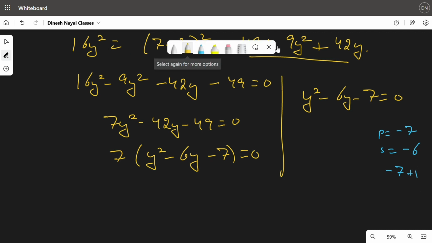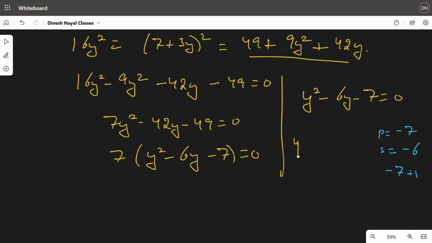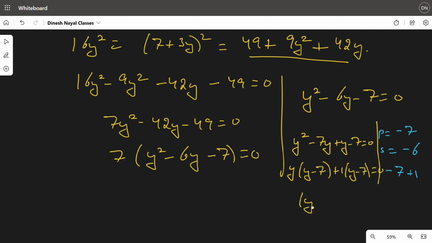So we have y square minus 7y plus y minus 7 equals 0. You can take y common, so this will be y minus 7. From here you can take just 1 common, plus 1, y minus 7 equals 0. Now take y minus 7 common, and this will be y plus 1 equal to 0.